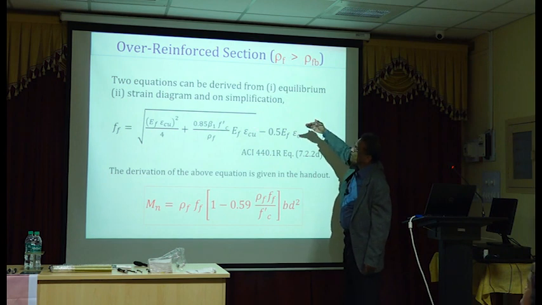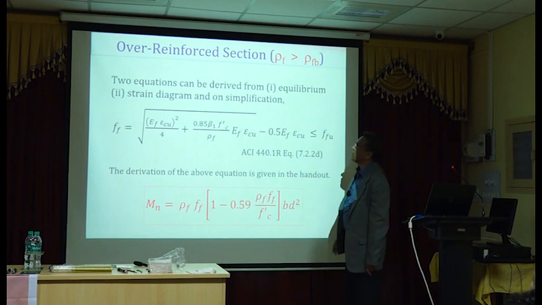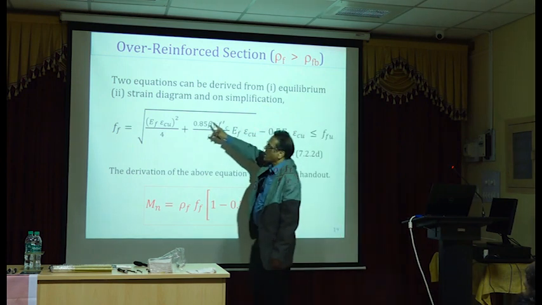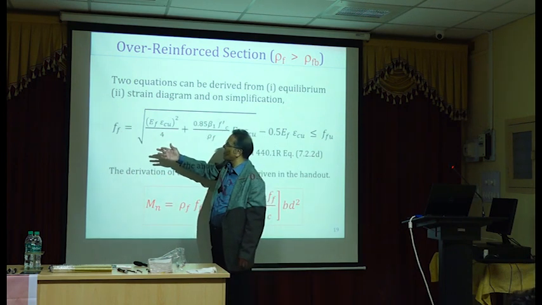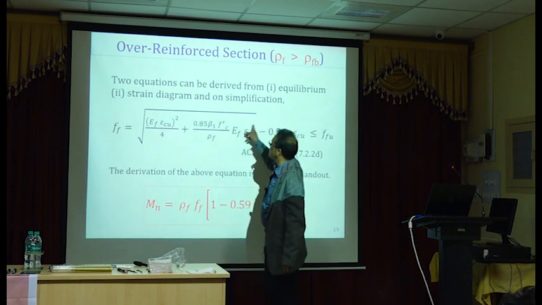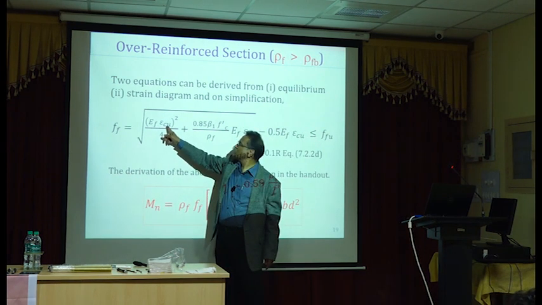Once you simplify the two equations and do some substitution and eliminate one unknown, you will get FF in terms of a quadratic equation.